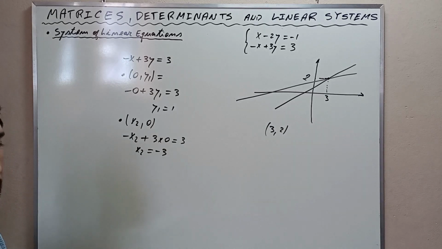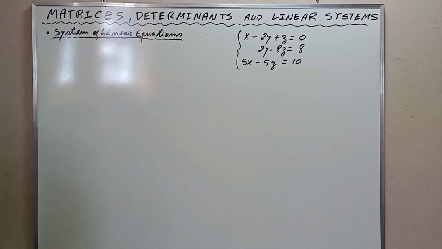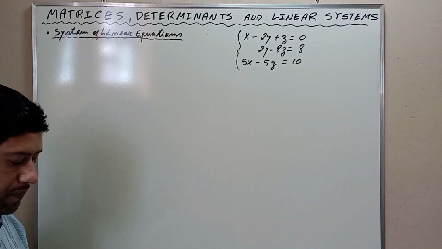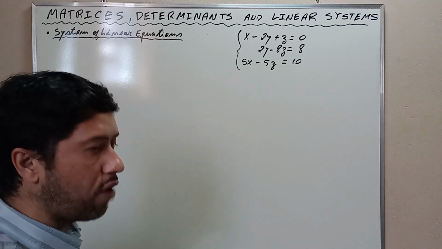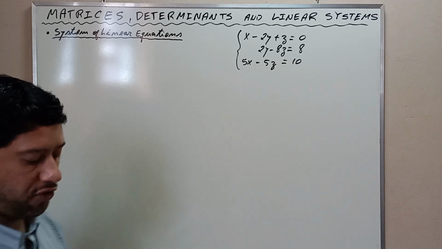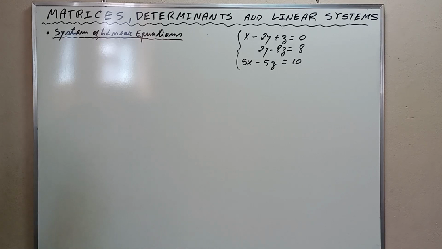Now let's extend this to systems of more equations. System consistency. A system of linear equations is said to be consistent if it has either one solution or infinitely many solutions.